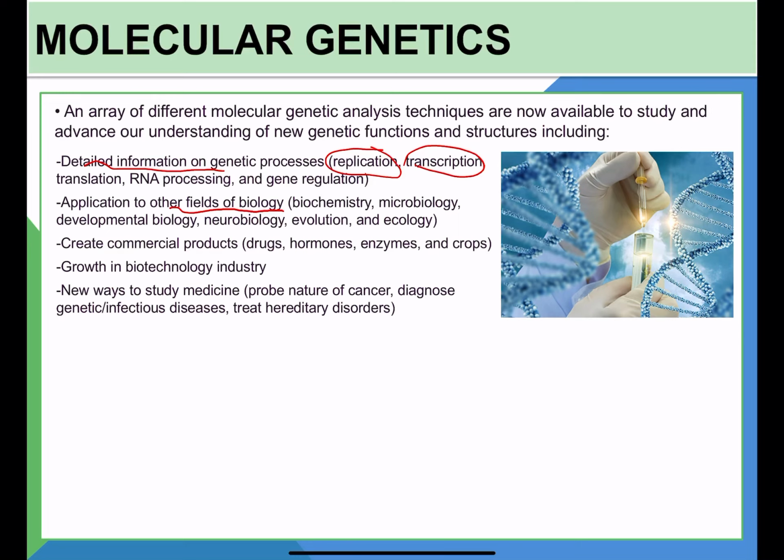Okay, now industrially and agriculturally, we are also using a lot of these molecular genetic techniques. For example, in the United States, 92% of all corn, 96% of all cotton, and 94% of all soybeans grown in 2017 were genetically engineered to have a higher crop yield and become resistant to some viruses and herbicides.